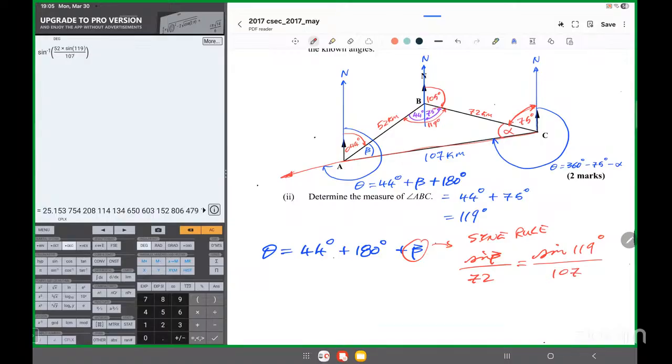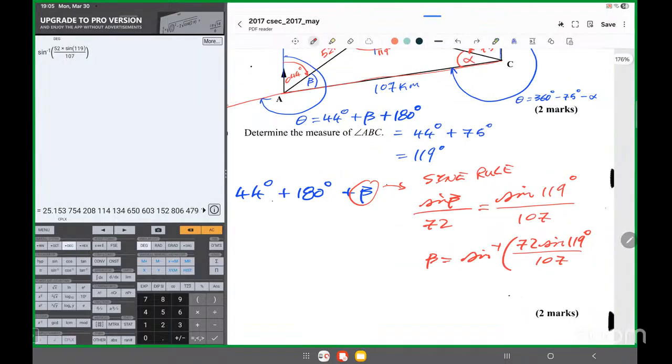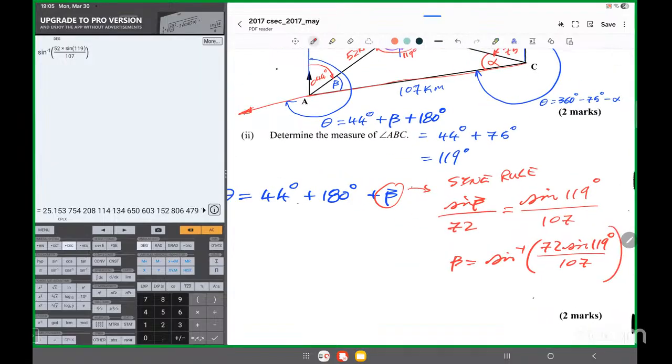Same kind of calculation. Multiply by 72 and then take the inverse sine. So beta is sine to the minus 1 of 72 times the sine of 119 degrees divided by 107. Put this in the calculator. That would be 36 degrees.